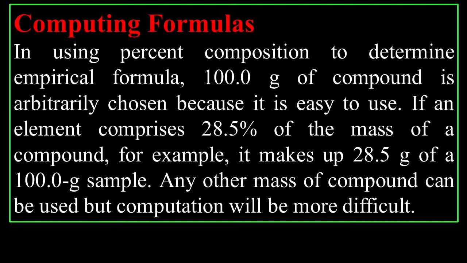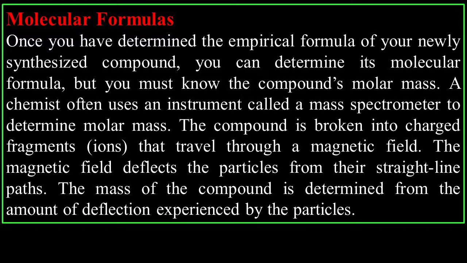Any other mass of compound can be used, but computation will be more difficult. So oftentimes you just convert the percentages of a particular elemental analysis to grams, based on 100 grams. In any 100-gram sample, 28.5% of that particular compound will be that element.